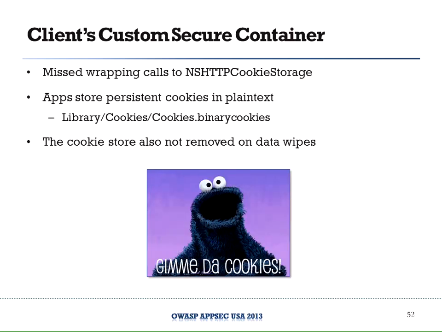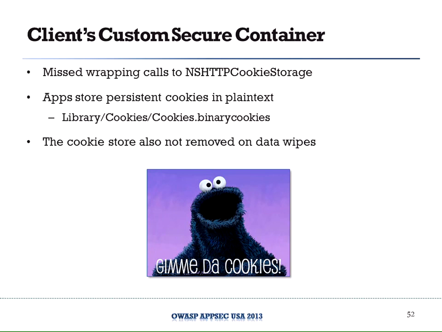Here's another example from a custom solution we encountered. They had a secure container, it was pretty well developed. The key thing was they forgot about the NSHTTPCookieStorage object. So why is this important? If a server ever sets a persistent cookie, that cookie gets stored in plain text on the device in the Cookies.binarycookies file.